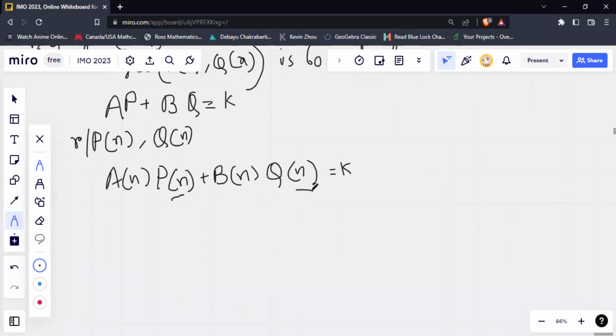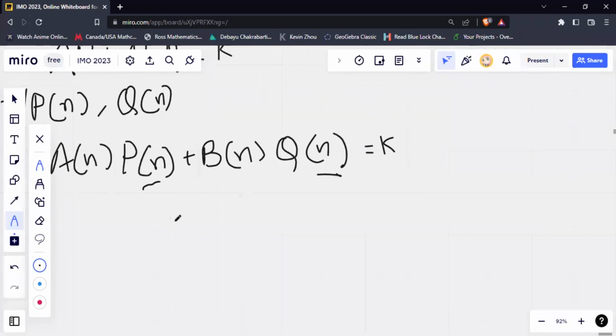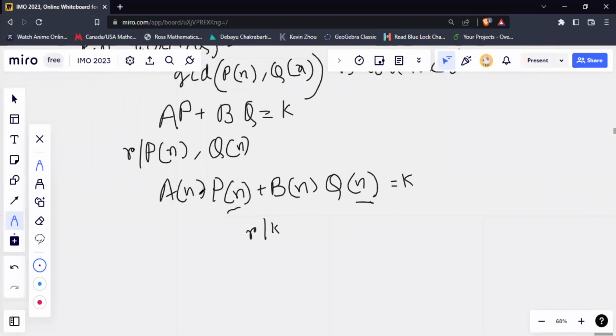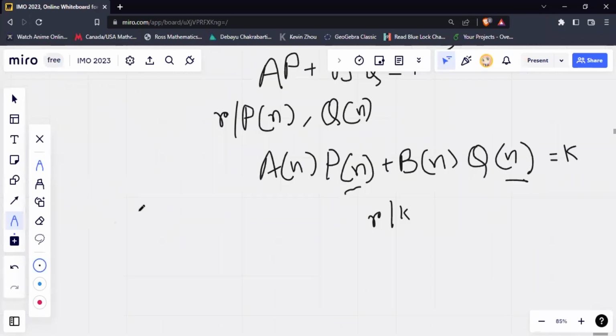And R divides both of these, which means R divides the LHS, which means R divides K. Also R divides the GCD of P of n and Q of n.